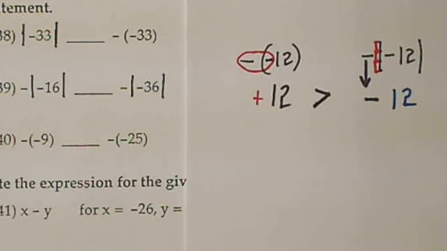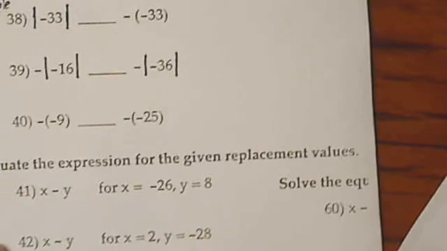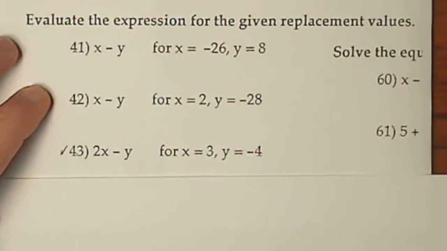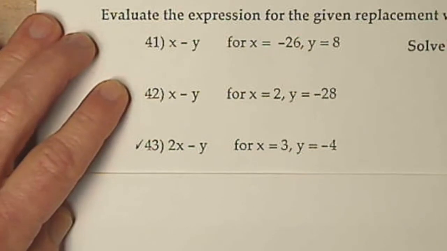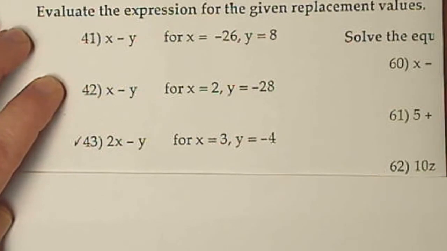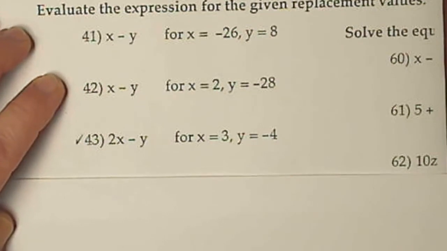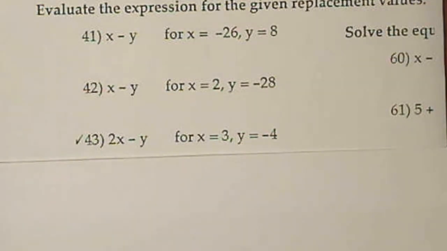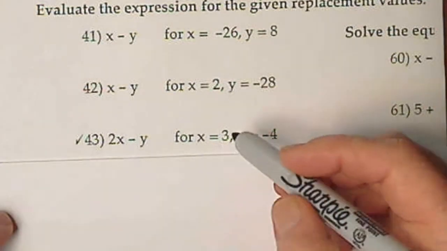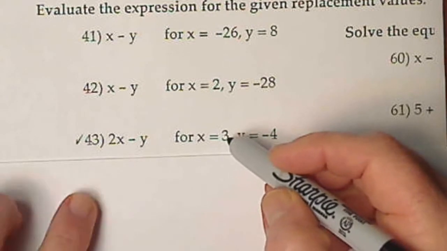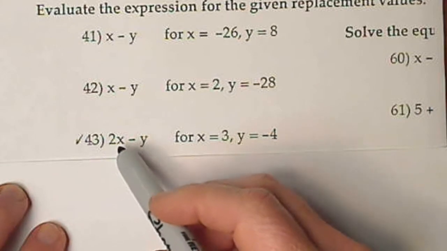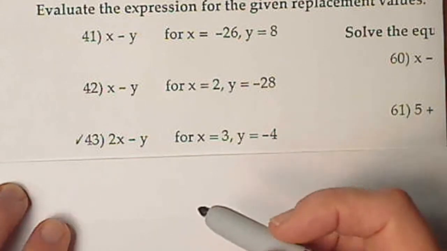And let's see, I think we can do a couple of these, evaluate the expression for given replacement values. What I encourage you to do is, if you're plugging in a positive value, it's not so critical. You just have to maintain the operation. This is 2 times x, okay?